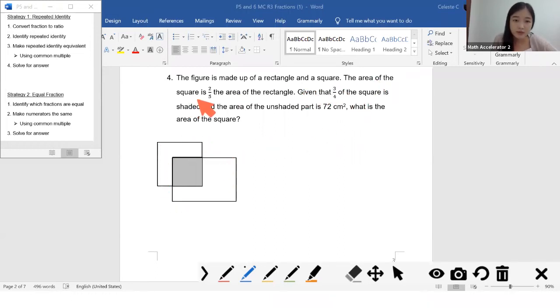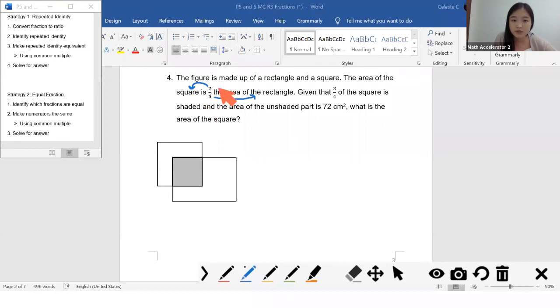The area of the square is 2/5 the area of the rectangle. Right, so draw arrow. 2 for the square, 5 for the rectangle. Given that 3/4 of the square is shaded and the area of the unshaded part is 72 cm squared, what is the area of the figure?